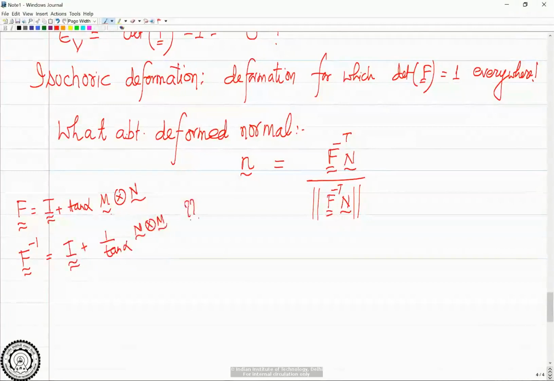If it is the case, then F inverse into F should be identity, right? We know that this into this has to be identity. So let's check this.